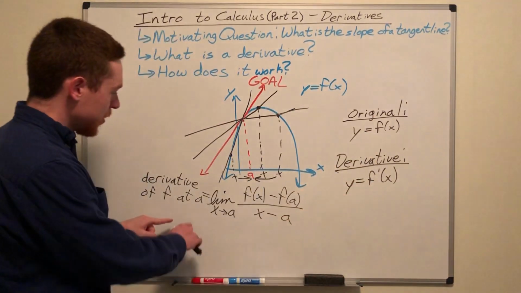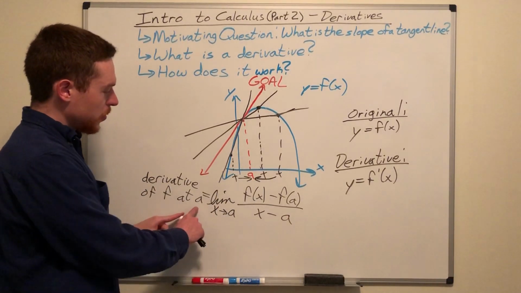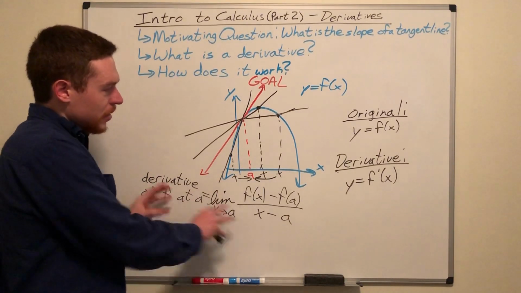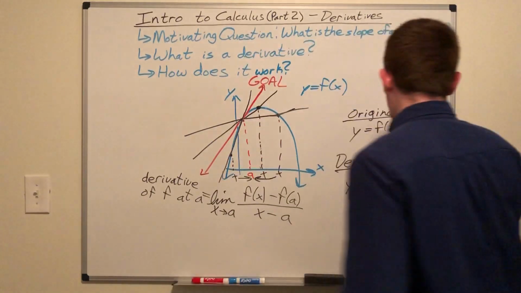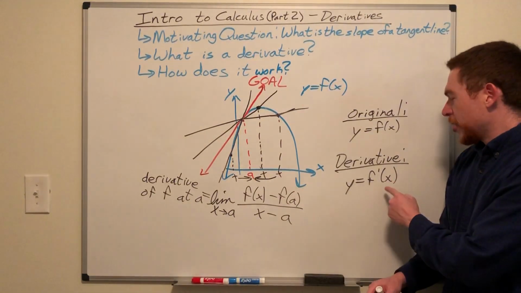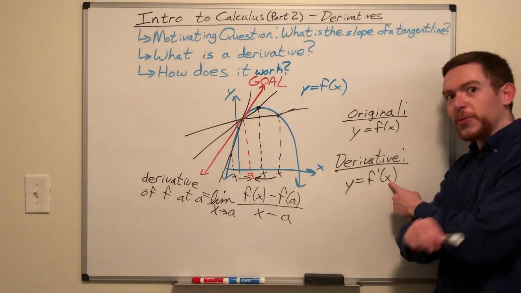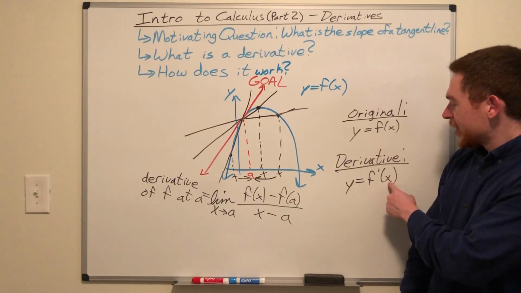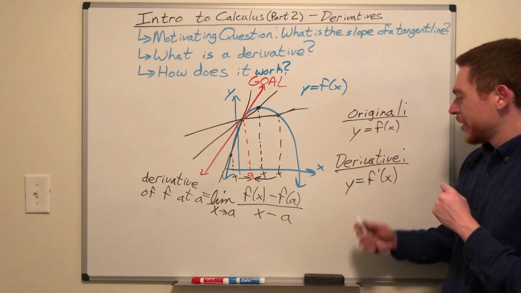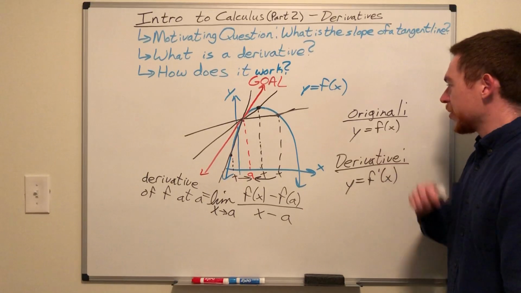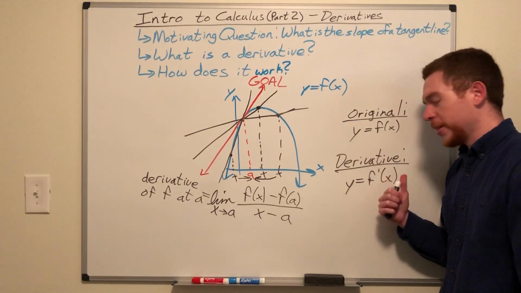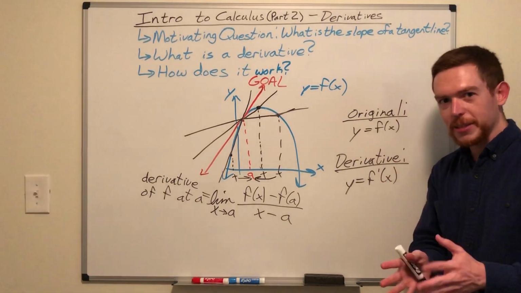And so basically, I can extend this definition a little bit to give me any point, not just my favorite number. I can replace my favorite number with any number and get this function out that tells me the slope of the original function at that point x. Does that make sense?